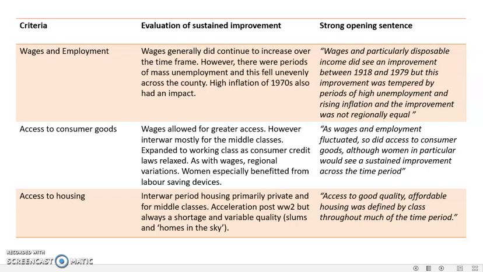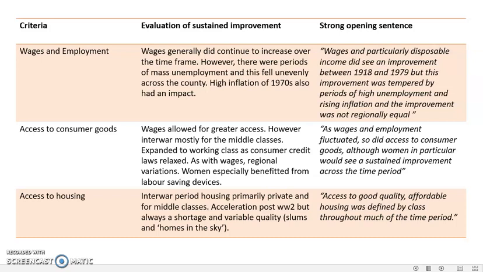But of course, those are averages. And overall, although they did continue to increase, there were periods of mass unemployment, peaking at 3 million in about 1932. And not everyone had access to improvements in wages and employment. You could think about the Jarrow March, where they didn't have access to jobs.